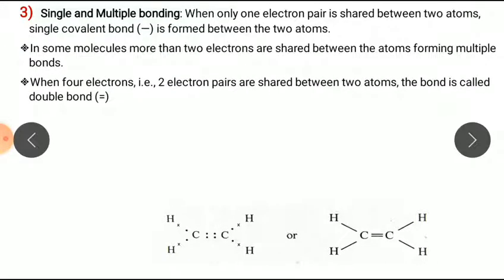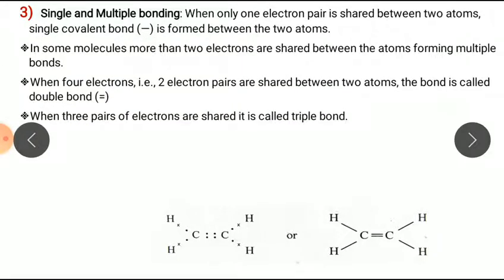When four electrons, that is two electron pairs, are shared between two atoms, the bond is called a double bond. That means suppose two different atoms are there and both share two electron pairs, then a double bond is formed between them. When three pairs of electrons are shared, it is called a triple bond.